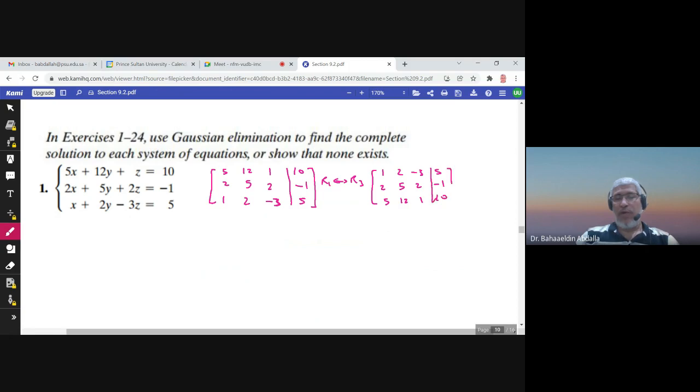And now I have 1 in the first row, first column. So I use it to make zeros below. So negative 2R1 plus R2 and negative 5R1 plus R3.